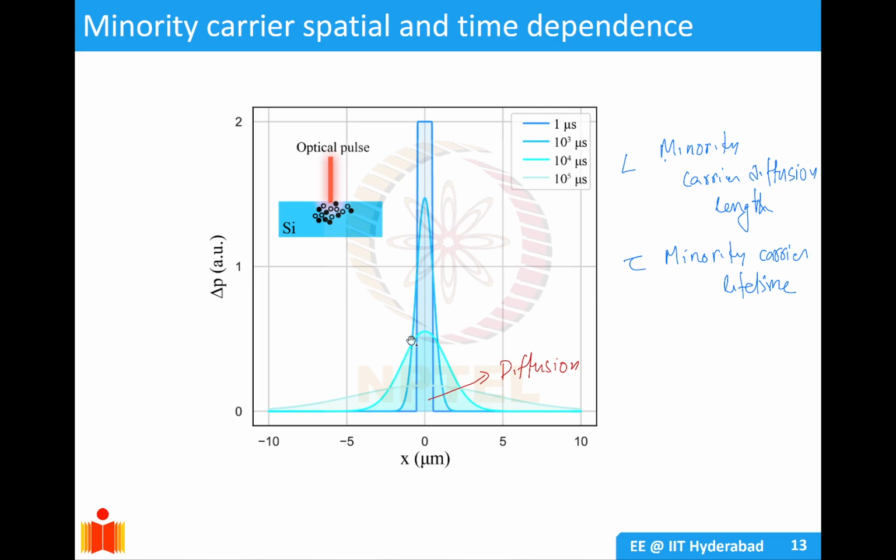So this is how it looks. In the question that we had studied, we had generated excess carriers in the middle region, and then we had turned off the light and let it diffuse over time. You can see these excess carriers will then diffuse both left and right in a bell-shaped curve.